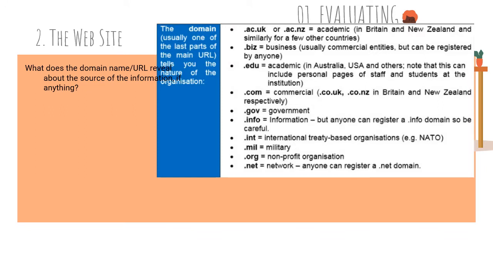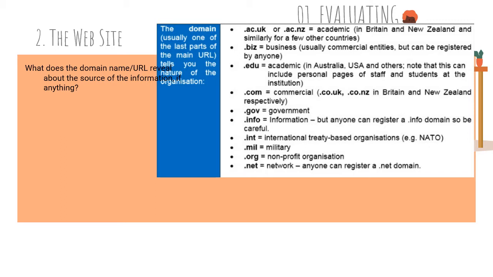For some common domain name suffixes, here we have .ac.uk, this is for academic, and .biz, it is usually for commercial business. .edu, this is for academic purposes, and also .ac as well.